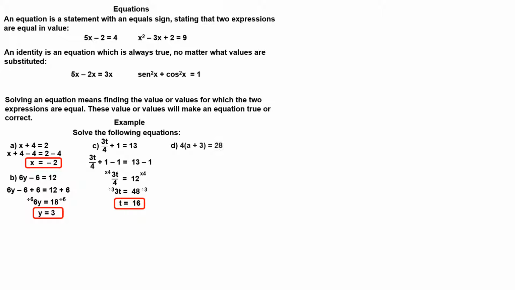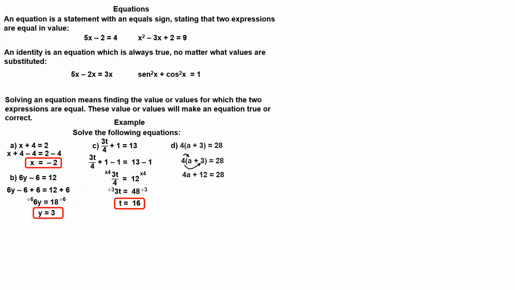Some of the equations which you will be asked to solve may include brackets. In these cases, you need to expand the brackets before you can solve the equation. Expand the bracket.